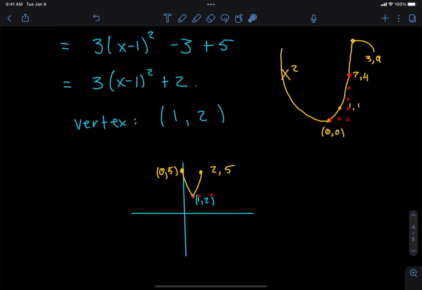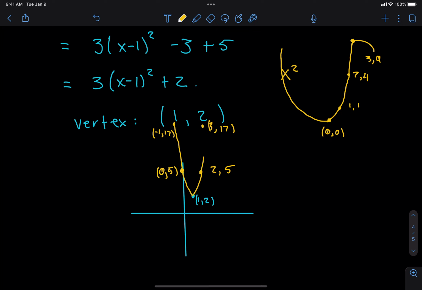But I need to do 3 times that much upward movement because of this 3 here. Yes? So instead of going up by 4, I'm going to go up by 12. So the next point would be something up here like 3 comma 17. Yeah? And then I'd have negative 1, 17. Okay, and so on and so forth.